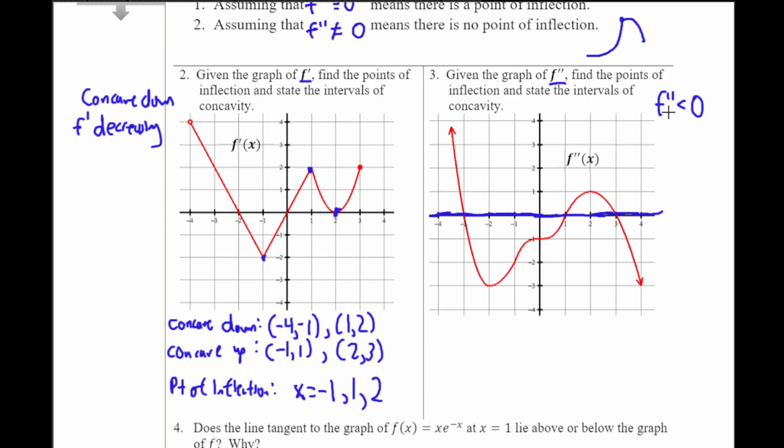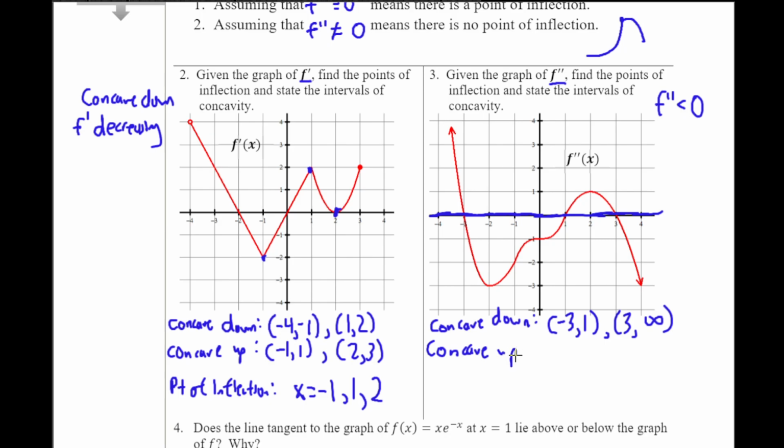So to find where this function is concave down, you just look at where the f double prime graph is below the x-axis. So concave down: -3 to 1, and 3 to infinity, because it's 3 and the arrow keeps going.